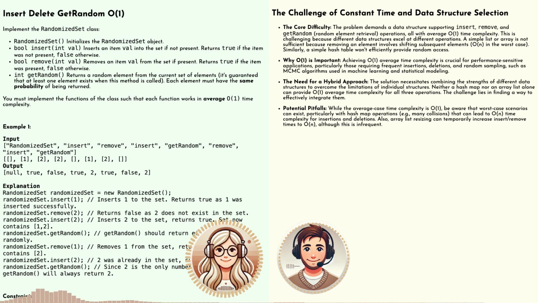They are. Now, what about something that lets us go through elements one by one sequentially? For that, maybe like a linked list or an array list? We're getting warmer. What if we could somehow combine the strengths of a hash map and an array list? Combine them. Interesting. Okay, now I'm really curious. Tell me more. A hash map and an array list. Okay, I'm intrigued. How does that help us solve this randomized set puzzle?